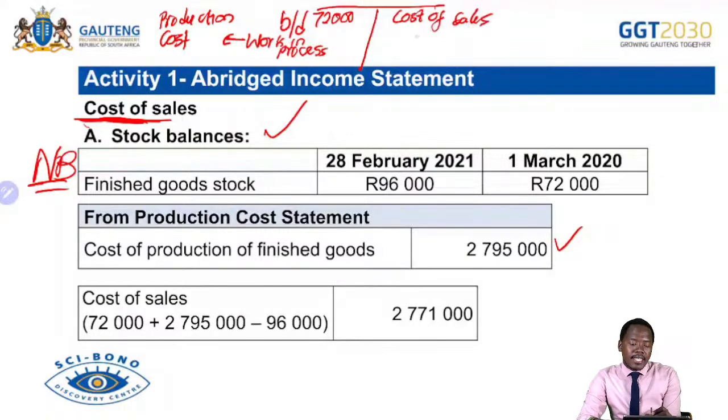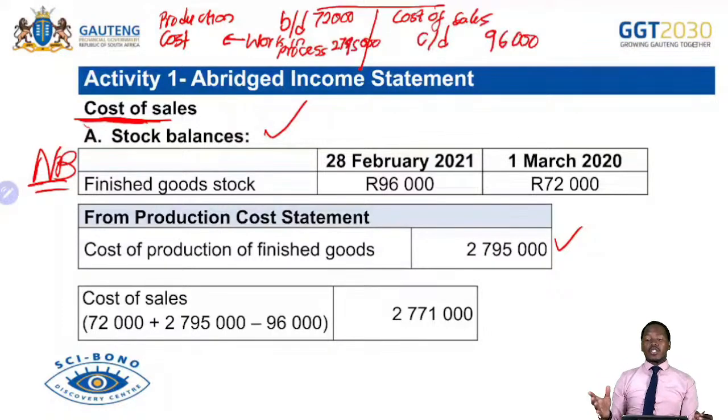And then after that, grade 12 and grade 11, we used to have our closing stock balance for the finished goods. Now our closing stock balance is given to be 96,000. Now for me to get this, remember our work in process is also, we also calculated it to be 2,795,000.